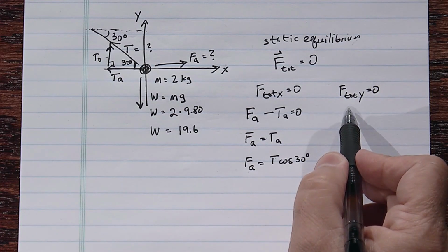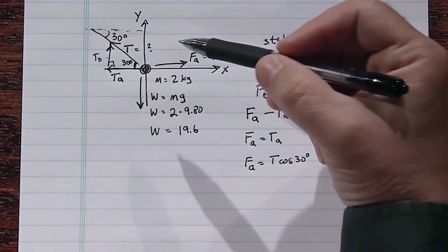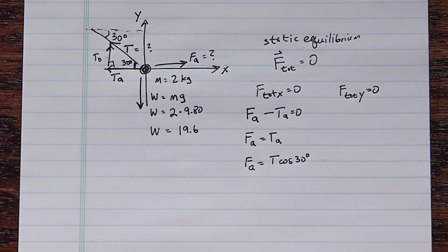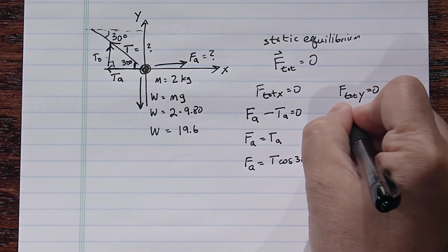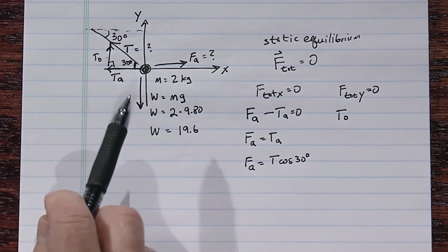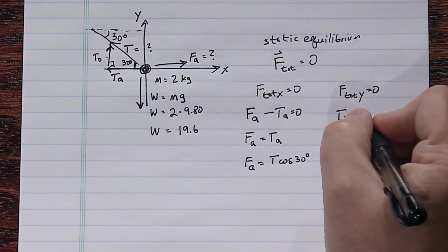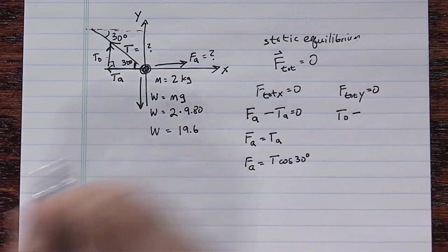What do we have pulling in the positive Y direction? What is pulling the ball upwards? Well, that would be T opposite. Is anything else pulling the ball up? No. Weight, however, is pulling down. So it would be T opposite minus the weight.